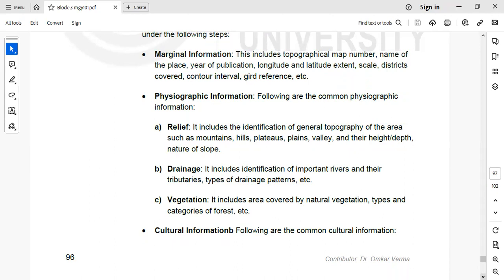You can extract this type of information from the topographical maps, and for that we need a very good understanding of the arrangement of the contours. Then drainage includes the important rivers and their tributaries. Then vegetation includes the information related to the natural vegetation and its various types.